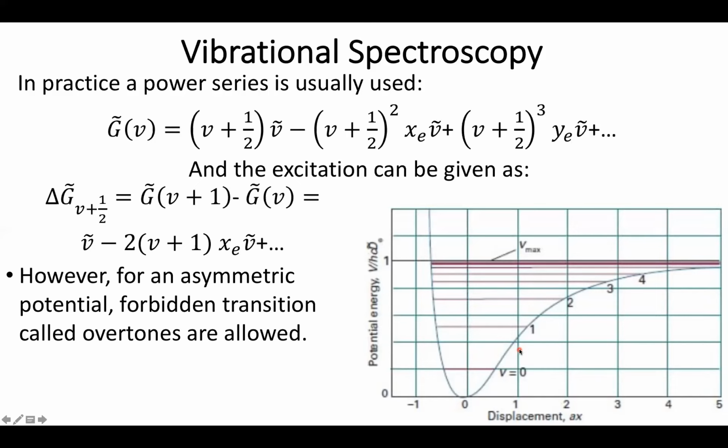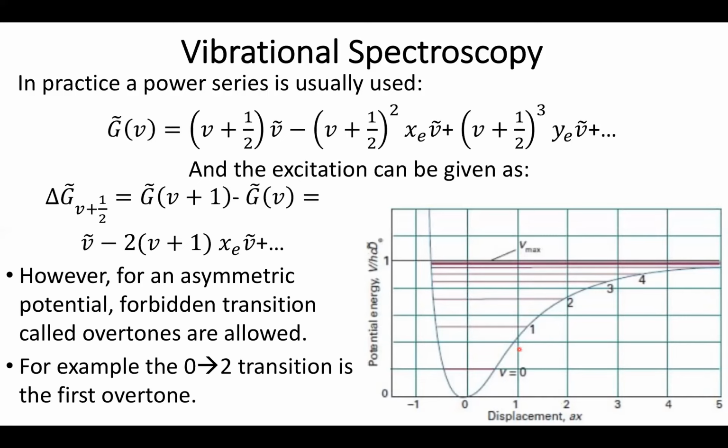And when we have these classically forbidden transitions, we tend to call them overtones. So for example, my first overtone is going to be the 0 to 2 transition. My second overtone is going to be the 0 to 3. My third is going to be the 0 to 4.